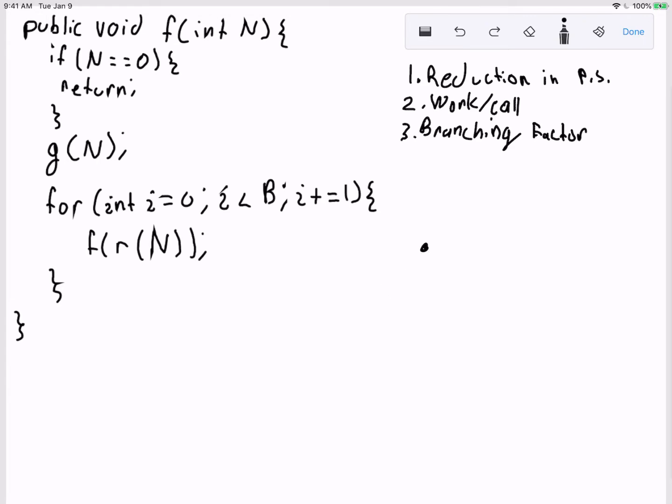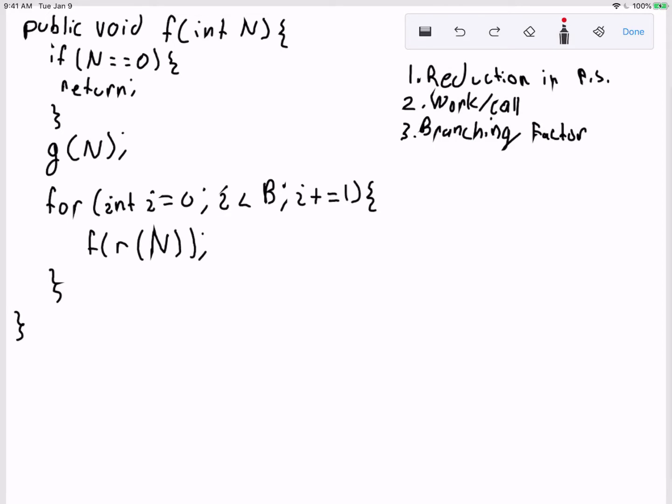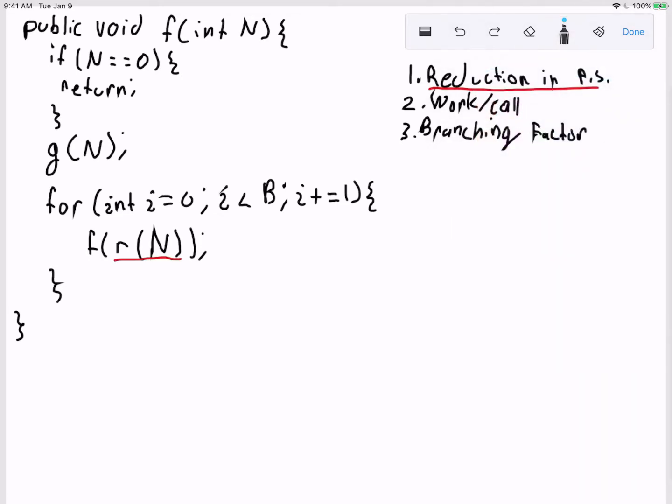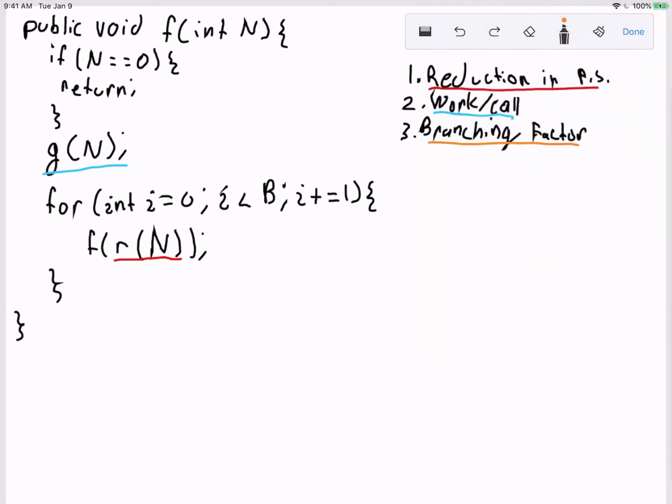Let me annotate the different things we have. The reduction in problem size, I can underline that in red. Here, that is this function R of n. The work per call here is G of n. And the branching factor here is b.